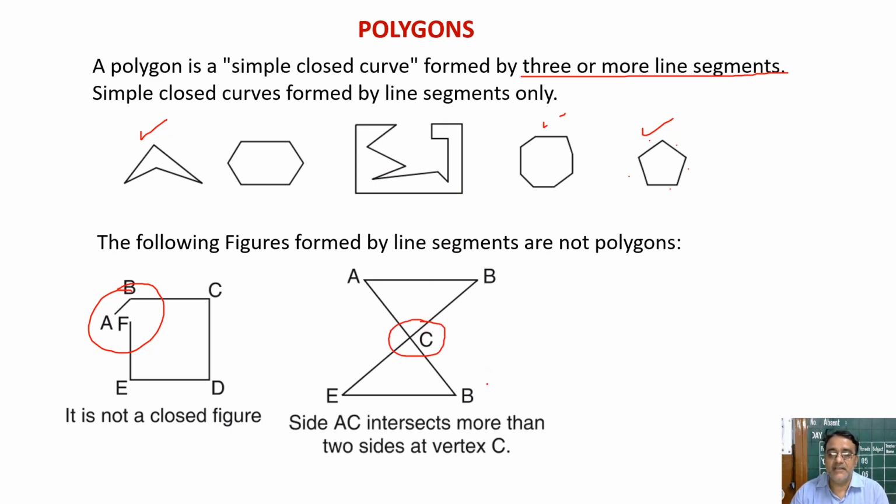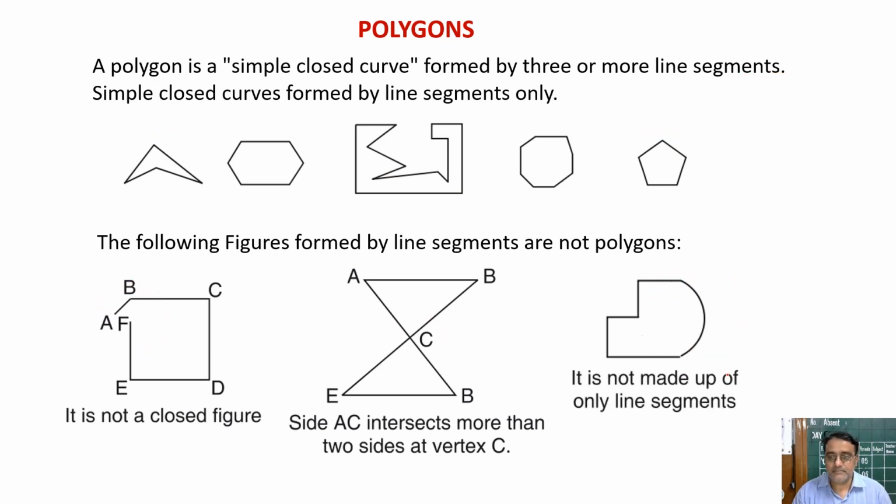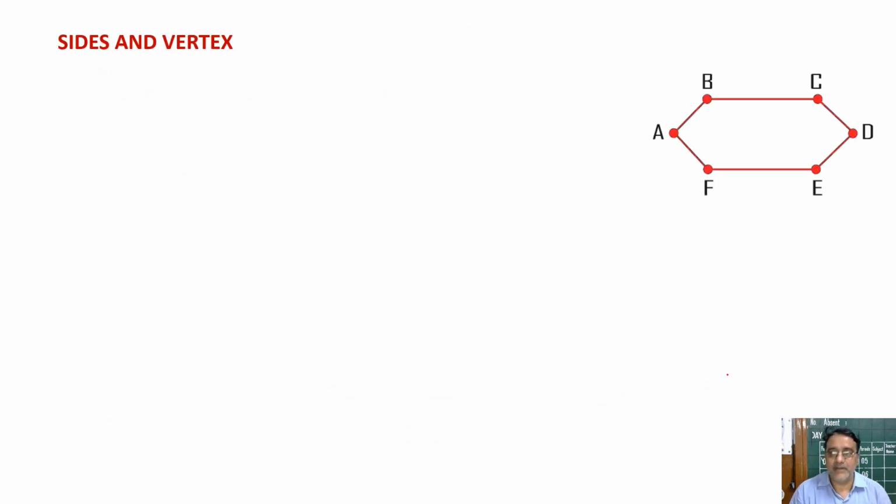So that is why it is not a polygon. And now see this figure. Here it is not made up of line segments. This part is not a line segment. ये वाला जो part है.